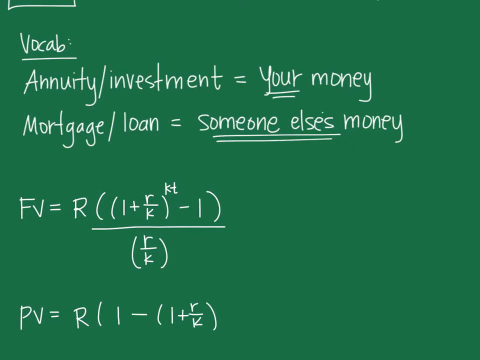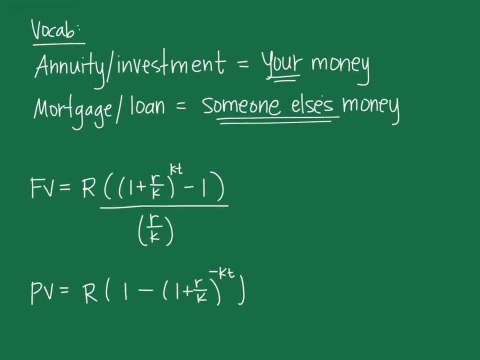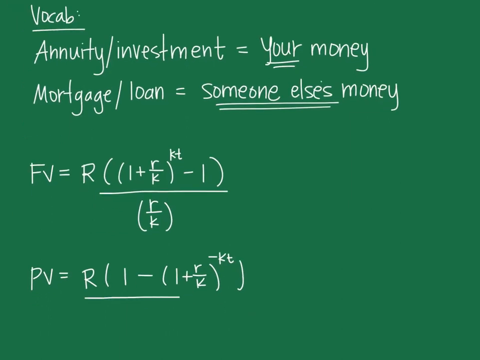Do you see how the FV one has the 1 plus R over K in parentheses, and then the minus 1 comes last? In this one, the 1 minus comes in the front, and this has a negative KT power. And that's also over the fraction R over K. All right, so this is why I don't make you memorize them, because they're kind of complicated, but you just need to know which is which.